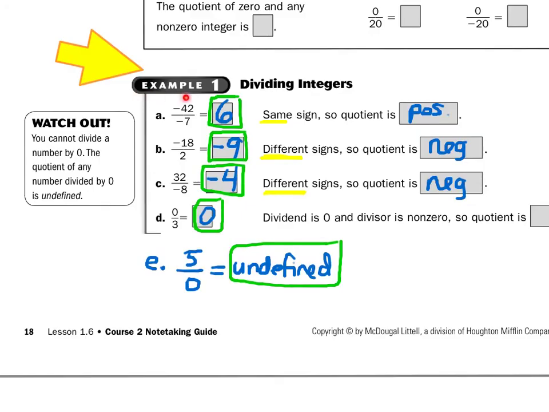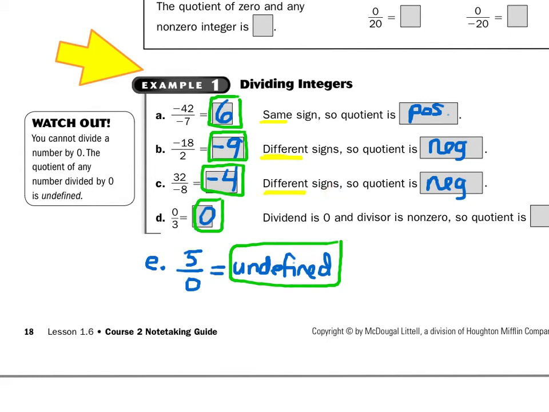So let's look at example 1, dividing integers. Look at A. Negative 42 divided by negative 7 is positive 6 because they have the same sign. Look at B. Negative 18 divided by 2 is negative 9 because they have different signs. Look at C. 32 divided by negative 8 is negative 4.